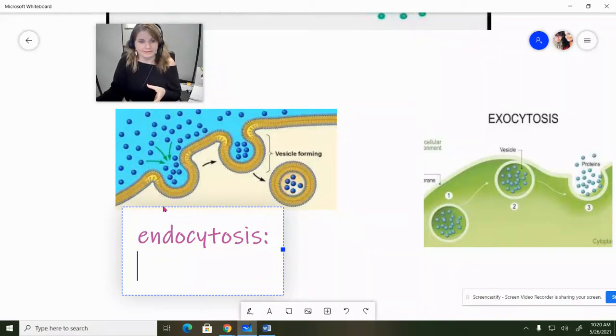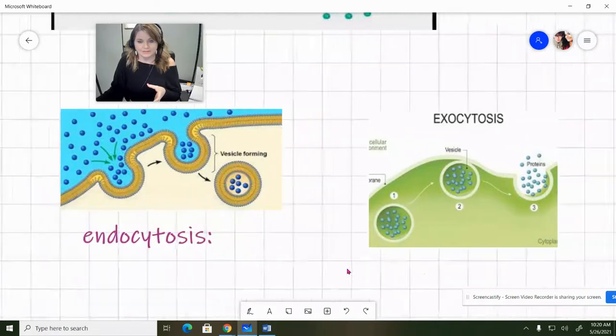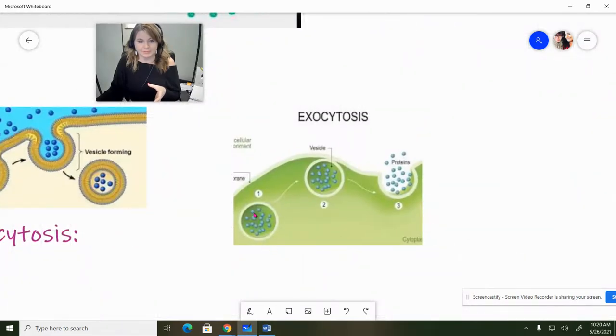Oh yeah, that's our exocytosis. So in exocytosis, the membrane forms around them, and then they move towards the cell membrane. They are incorporated into the cell membrane, and then the outer part of the membrane dissolves, and that material is released outside of the cell.